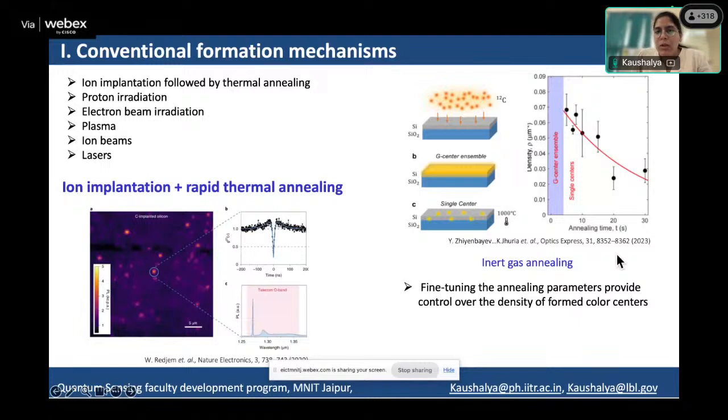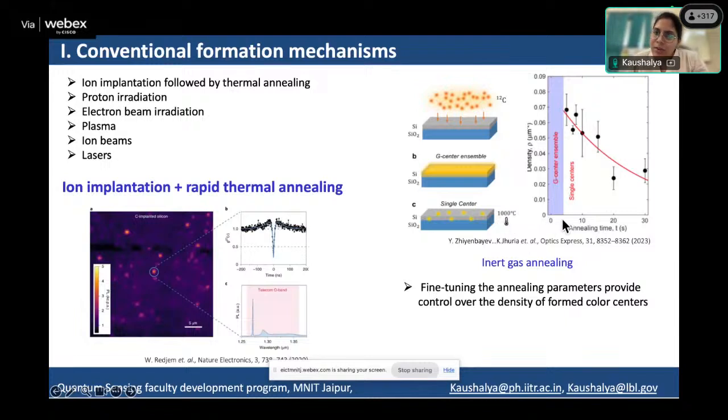And then what one could do is play around with different parameters, like when we are doing the rapid thermal annealing, we can change the annealing ambiance, we can change the annealing time, etc. If we do this kind of parameter scan, we can get some flexibility in terms of the properties of the color center that we are making. For example, we did this work where we varied the annealing time, and you can see that the annealing temperature here was kept constant at 1000 degrees Celsius.